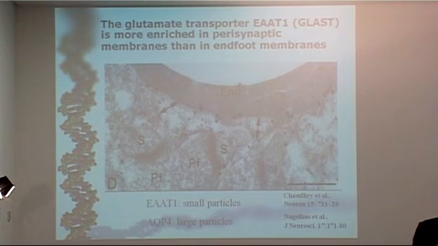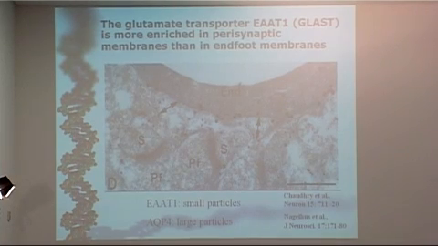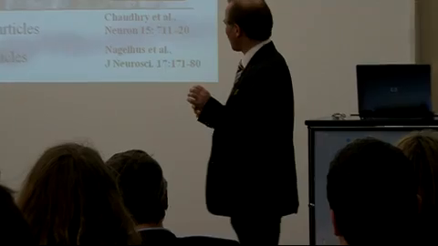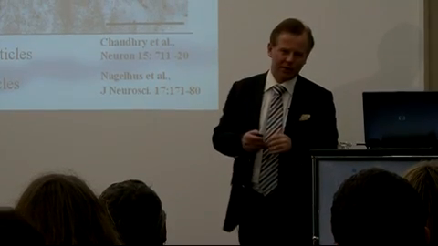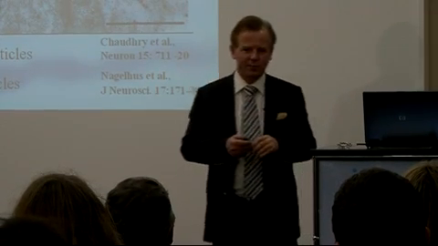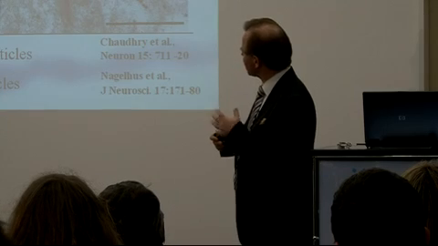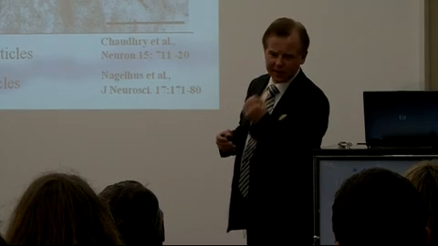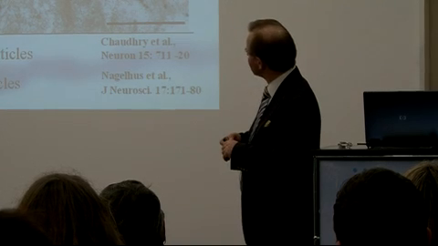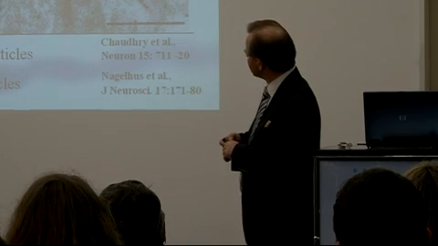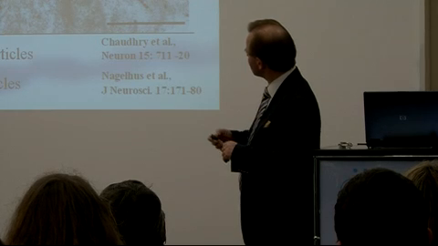So this is reflecting what is becoming more and more apparent, that astrocytes are extremely polarized when it comes to their function and their expression of different proteins. So we compared the distribution of aquaporin 4 with the distribution of glutamate transporter. In fact, this is the EAAT1 transporter.